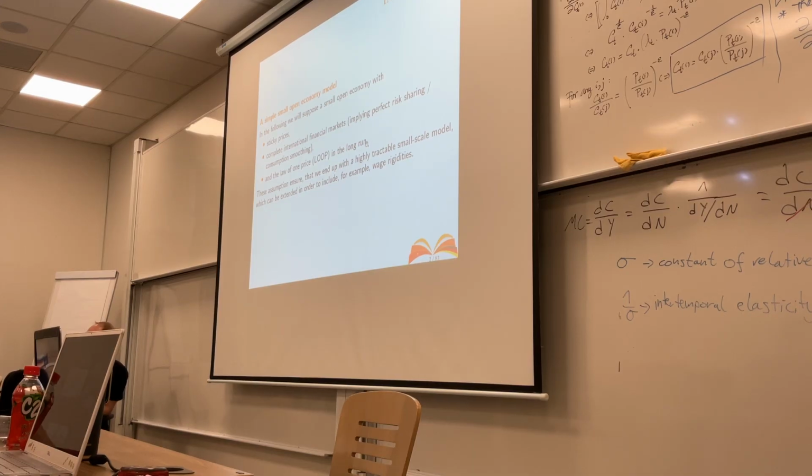And to close that, we're going to also then assume that we have, in the long run, the law of one price. So at the very least, in the very long run, the goods that we produce, a white washcloth from Vietnam, in the long run is going to have the same real price as a white washcloth from Germany.